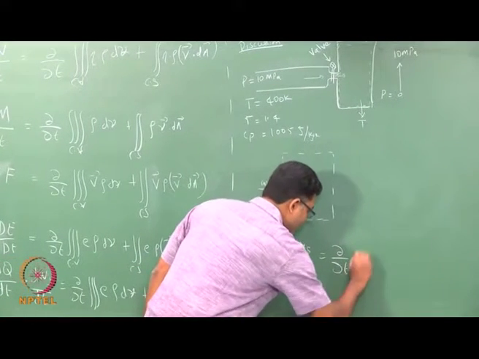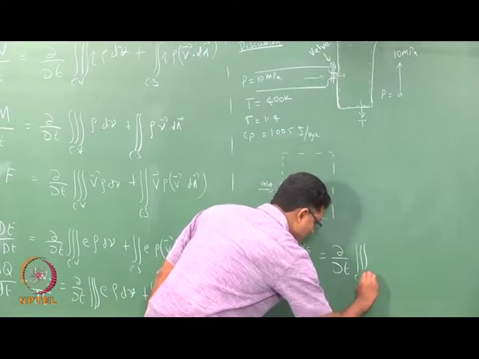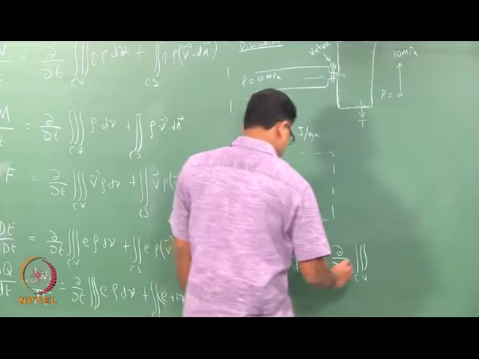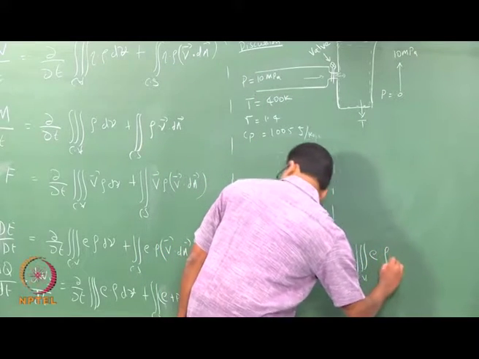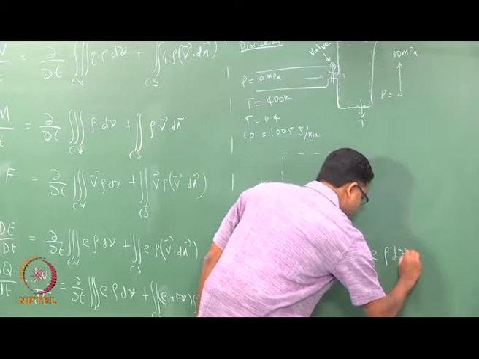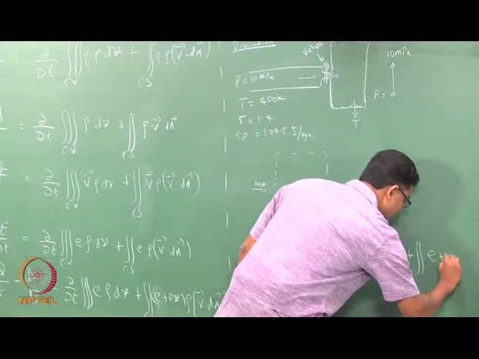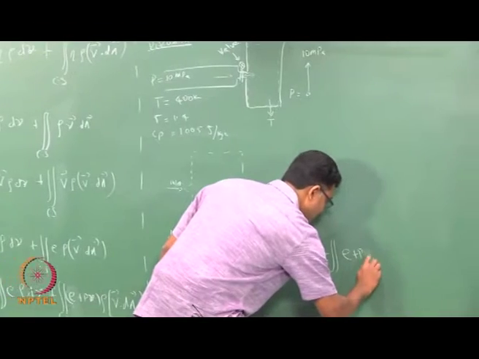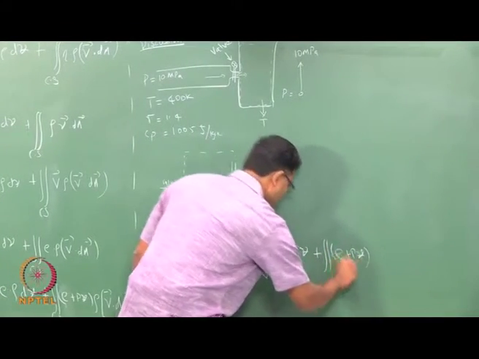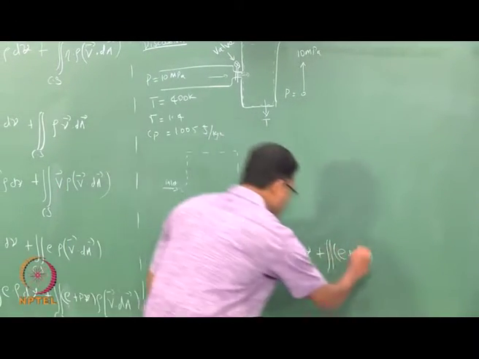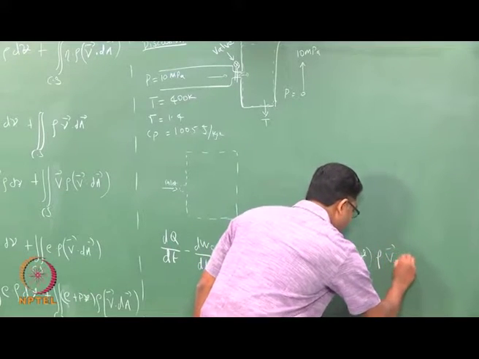Then del by del t of the integral over the control volume of E rho dV plus the control surface integral of (E plus PV) rho V dot dA.